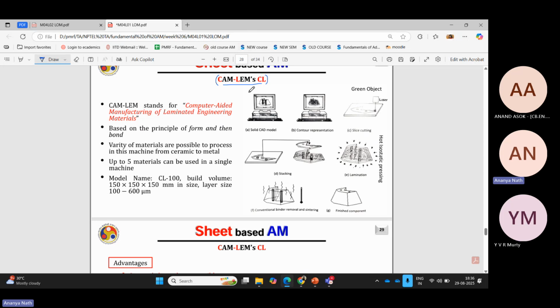In another type of AM, you can mix the metal powders with the resin and then print it in a wet photopolymerization process, and then sinter the part in a furnace to get the final object of the metal powders. That can also be done. So in this process also, after lamination, you just put the object in the furnace for the sintering.